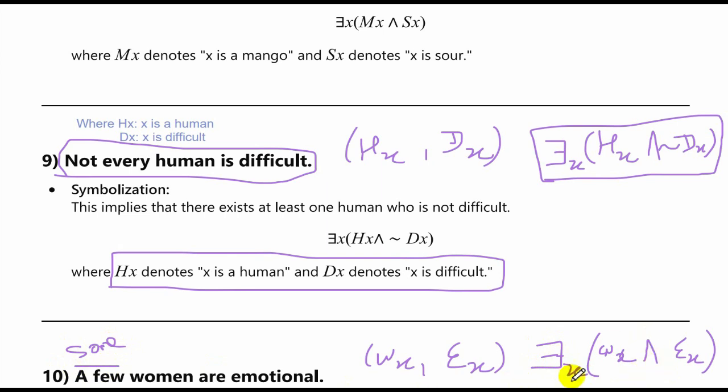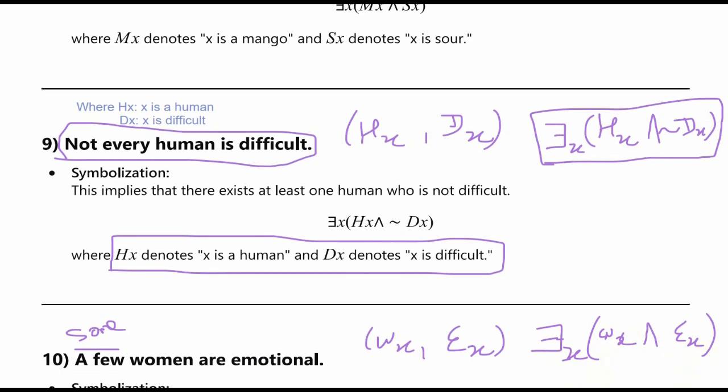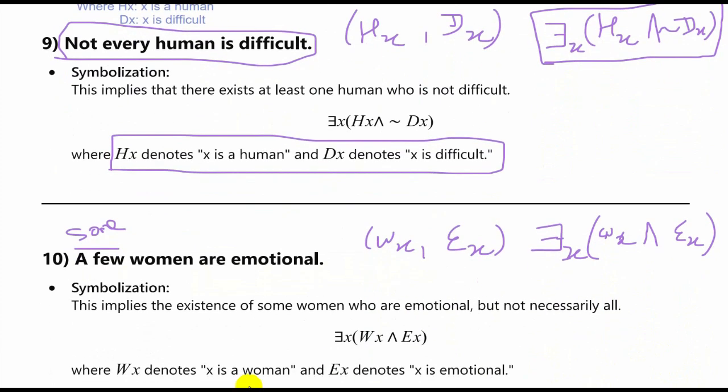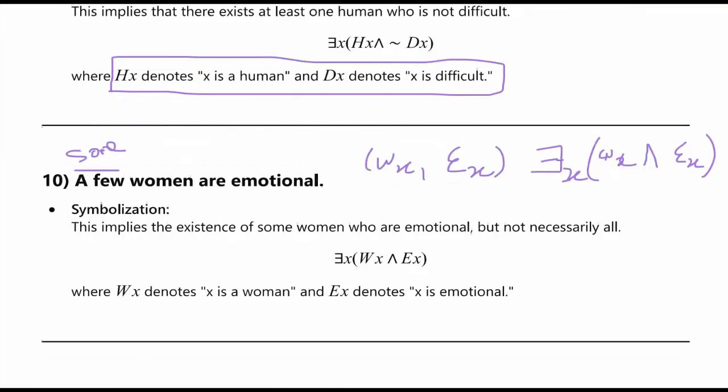Now let's read this and see whether it is matching with the sentence. There exists at least one X such that X is a woman and X is emotional. So few women are emotional. It is matching. Let's see if our answers are matching or not. Correct. So this is how you do it. X is a woman, X is emotional. Now let's go to the next one.